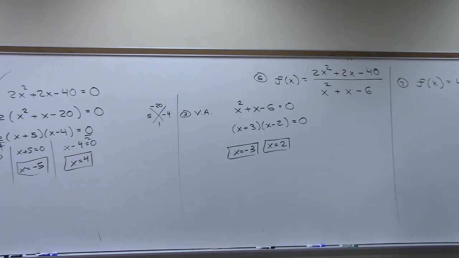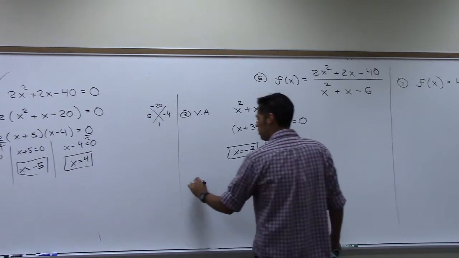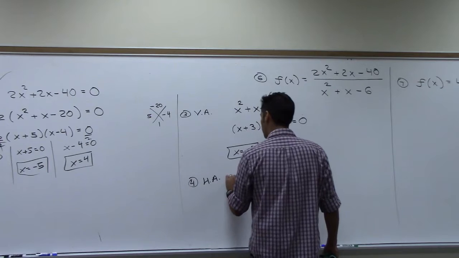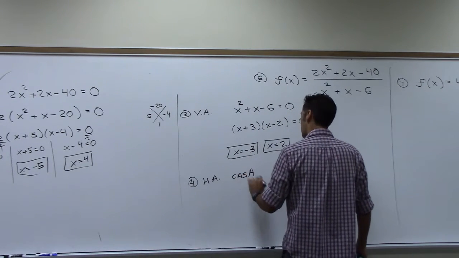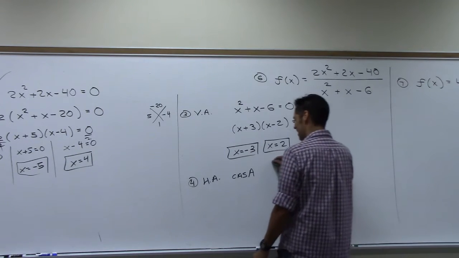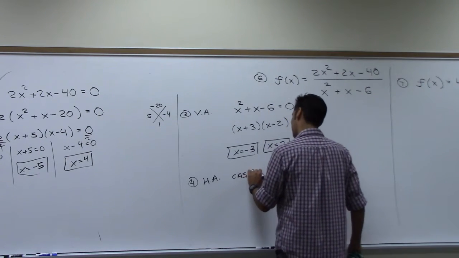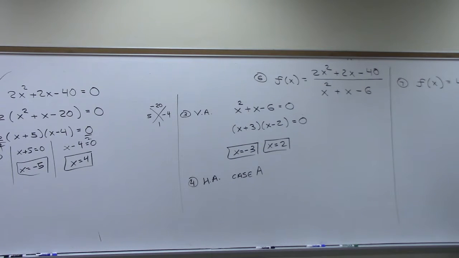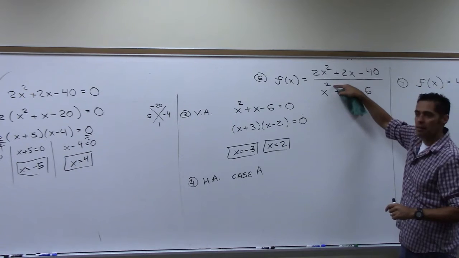Next step, horizontal asymptotes. What case do we have here? Case A, because they both have the same power, right?